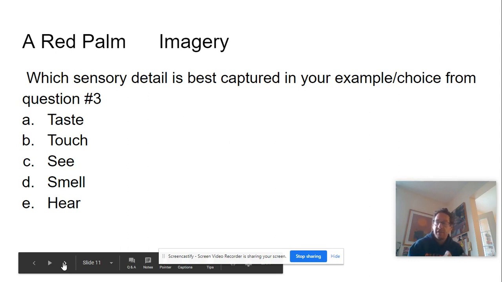We don't get the feel of it. So I don't really see that. Is the dust on the forehead something that we can see? Well, yeah, I'm picturing this in my mind, and we said imagery was picturing. And then smell, no, we're not smelling the dust. And hear, well, if you can hear dust settling anywhere, you must be a light sleeper.